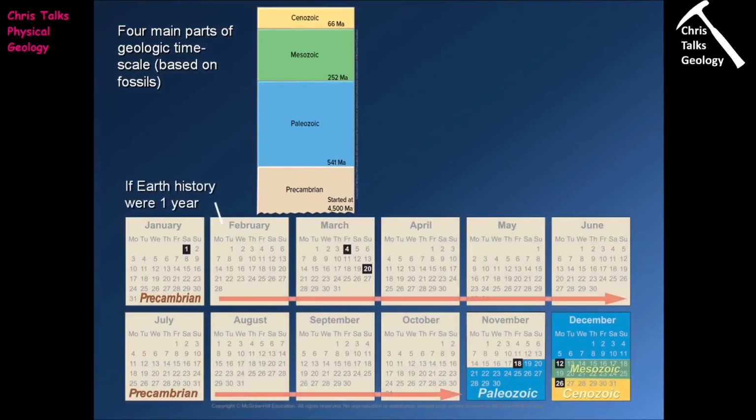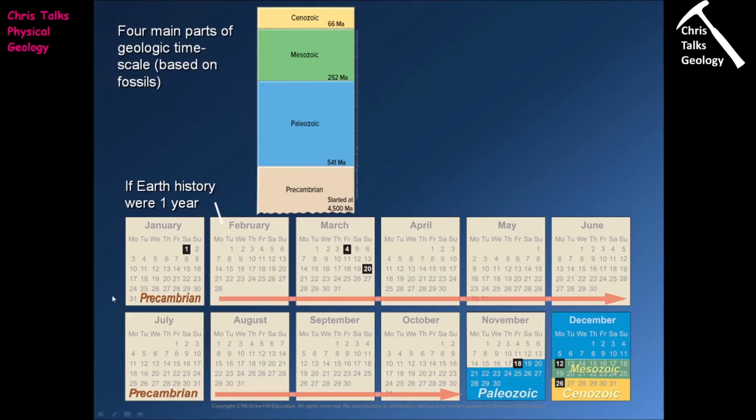Now, when we think about geologic time, we see it drawn up like this, but in reality, geologic time is not equal. If we look at this geologic timescale at the top here, we can see that the Paleozoic appears to be the largest unit of the four. However, when we actually look at the whole geologic timescale, we can see that the Precambrian is by far and away the biggest unit.